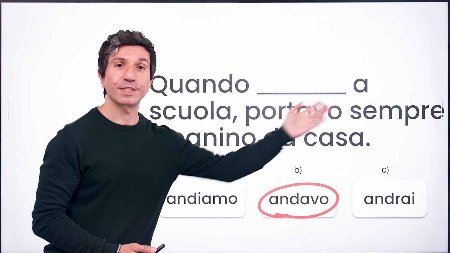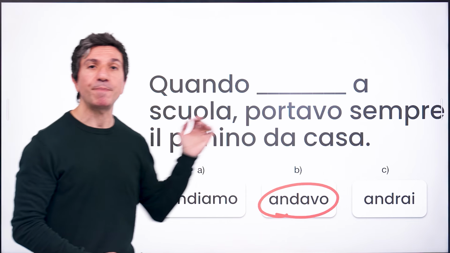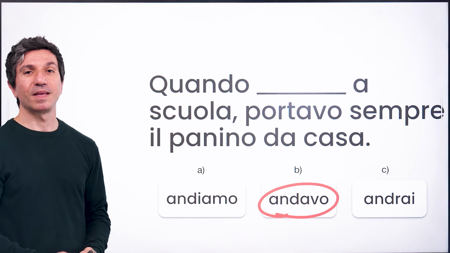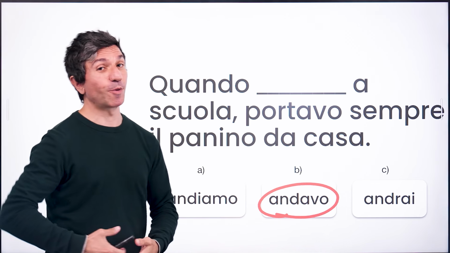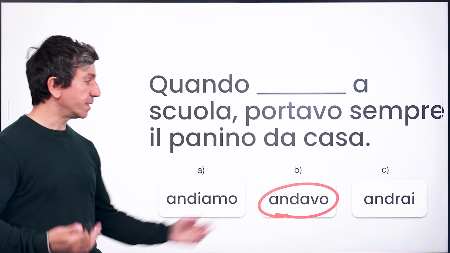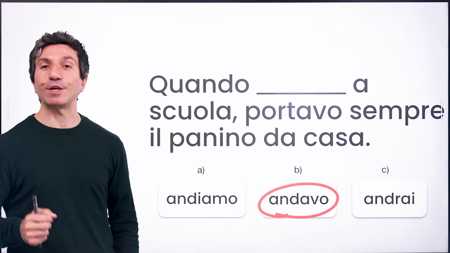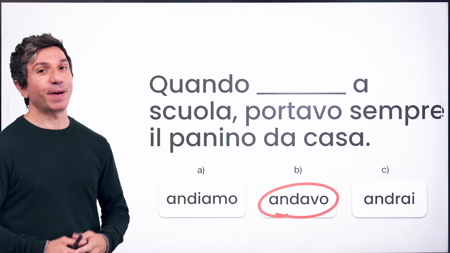Quando andavo a scuola portavo sempre il panino da casa. When I used to go to school, I always brought a sandwich from home. We use andavo, the first person singular of andare, to show a past routine.